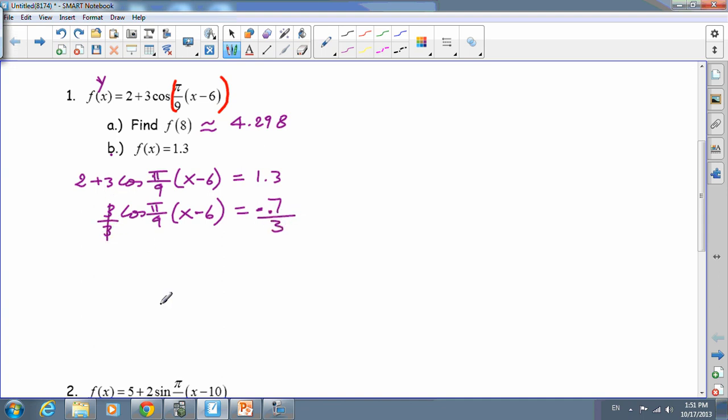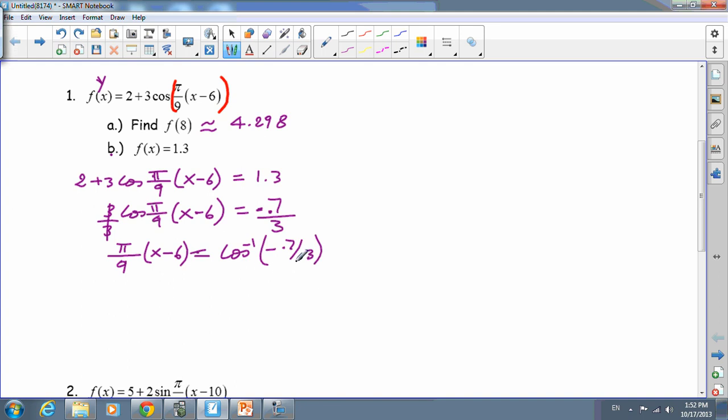This one will cancel. Once you reach this level, you want to figure out a way to get rid of the cosine on the left side. To get rid of this cosine, I will apply the inverse cosine. And if you apply the inverse cosine, you end up with pi over 9 times (x minus 6) is equal to the cosine inverse of negative 0.7 over 3.